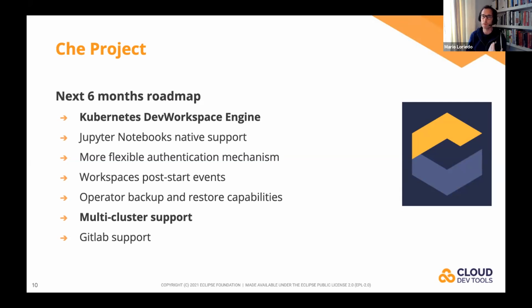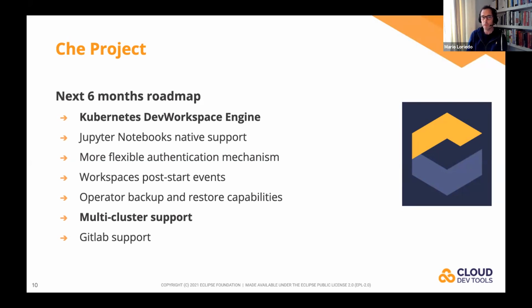One Kubernetes cluster may not be enough. That may require multiple Kubernetes clusters. And with that, we'll have just one instance of Che that will be able to manage multiple clusters. And last, after Bitbucket and GitHub, we are introducing GitLab support as well.